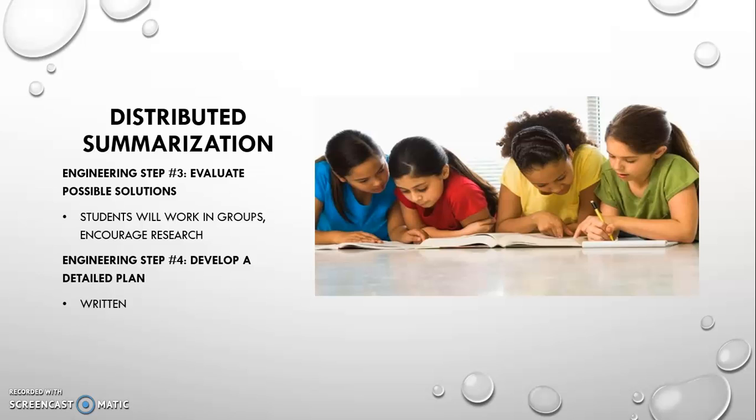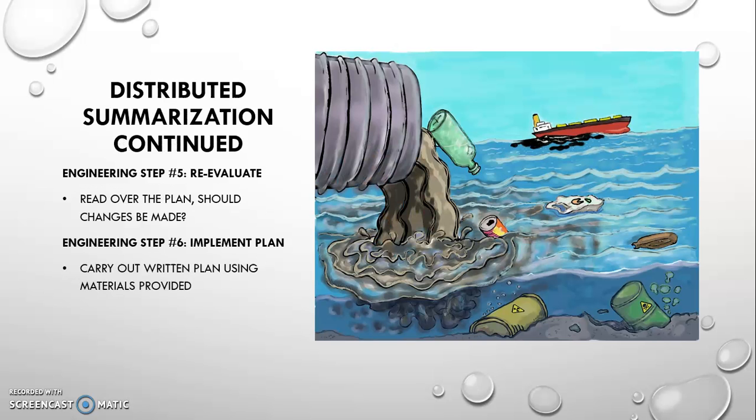And then engineering step 4, they would develop a detailed plan. So I would have them write, or they could type it out on their iPad or do a voiceover, and they would tell me what their plan is and why. So what they're going to try and why they chose that method. More of the distributed summarization, engineering step number 5, they would reevaluate.